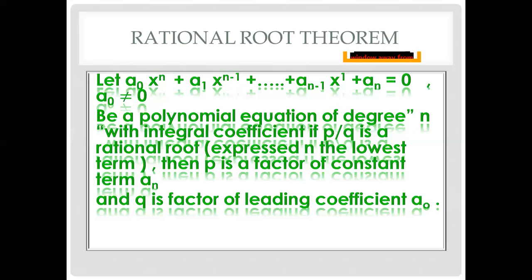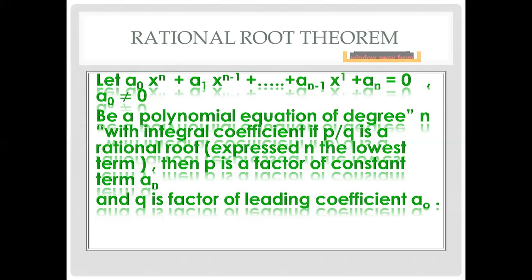We find all the possible factors of the constant and also the factors of the coefficient of x cube, and after dividing them we find which numbers are factors of the given polynomial, or which satisfy the cubic polynomial. Then p is a factor of the constant term an and q is a factor of the leading coefficient a naught. Leading coefficient means, because we are discussing cubic polynomials in this exercise, a naught is the coefficient of x cube.